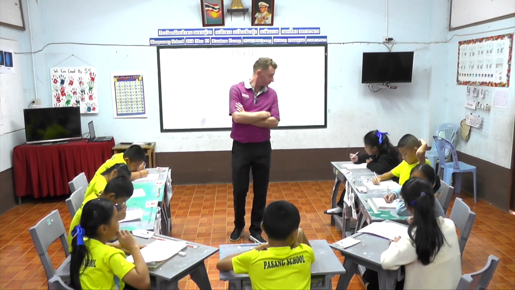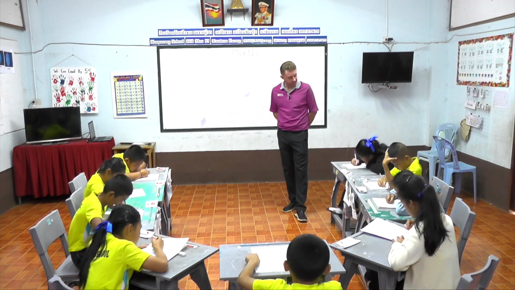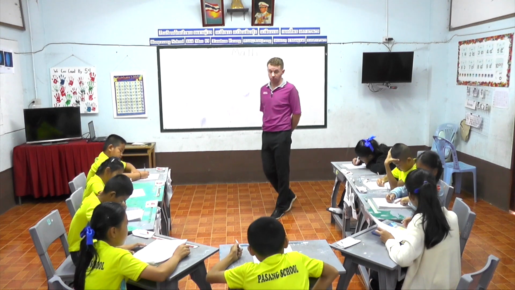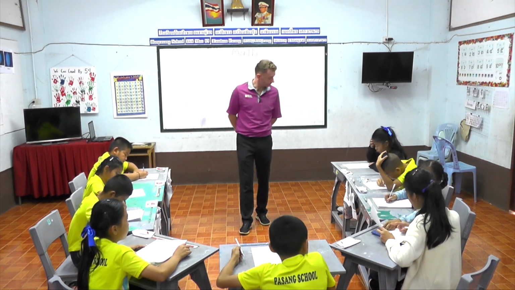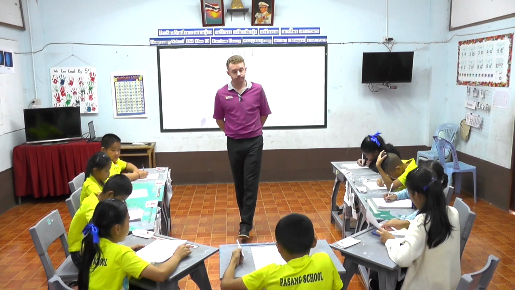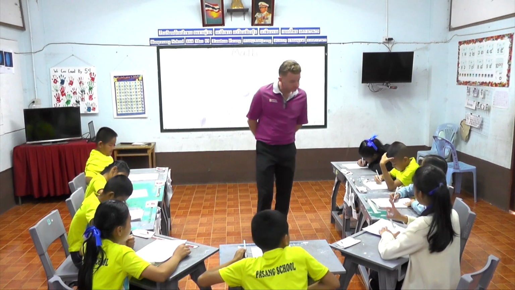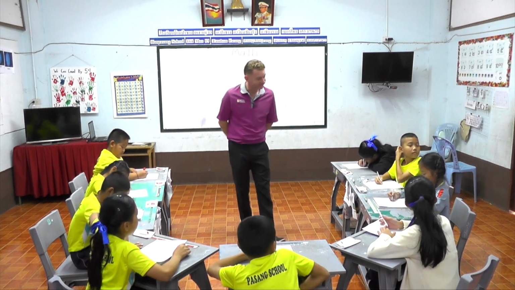Excellent. So we've got 3 over 8 and 6 over 8. So we need a new circle because we have one whole. 1 plus 1 over 8. Perfect. But where's your circles?